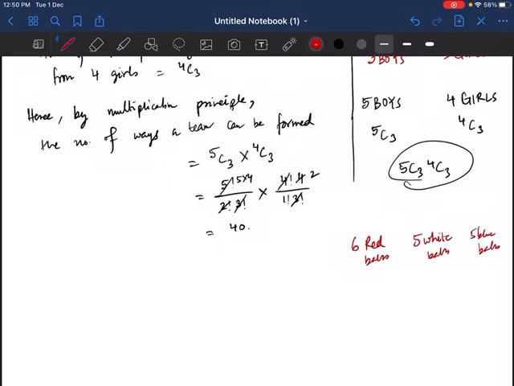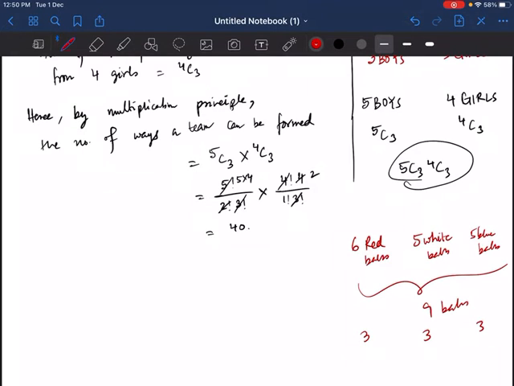Then how many ways can we select balls if each selection consists of 3 balls of each color? So I have to select 9 balls out of this, right? Now in these 9 balls, every single color must have 3 balls.